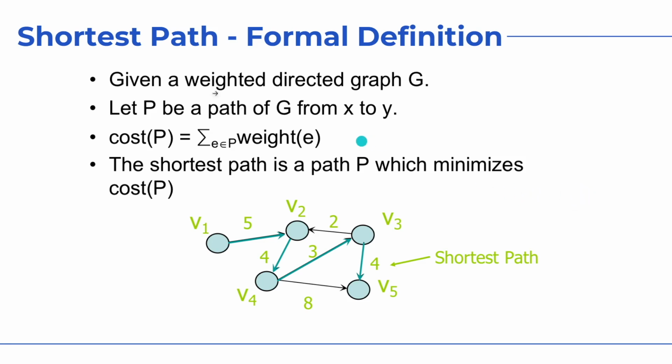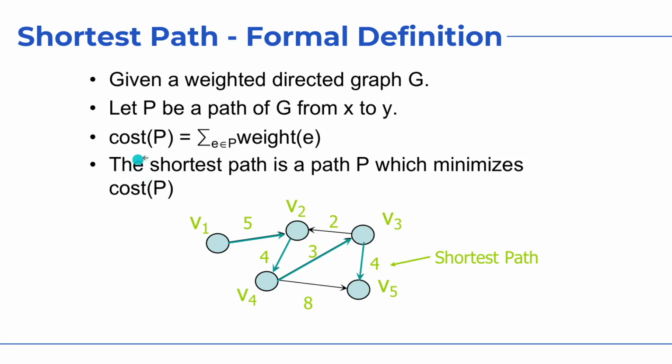So, given this problem, in order to find the shortest path, this is going to be the formal definition. We will have a weighted directed graph, and we are going to end up with the path that starts from the start vertex X and ends at the destination vertex Y.